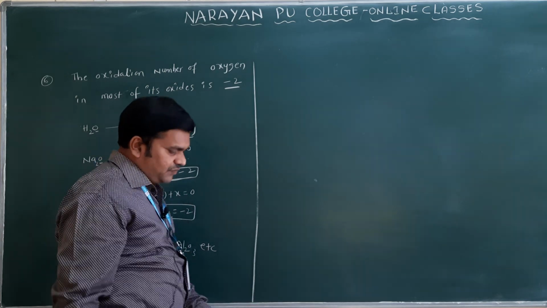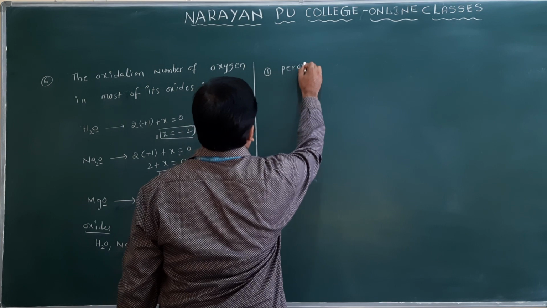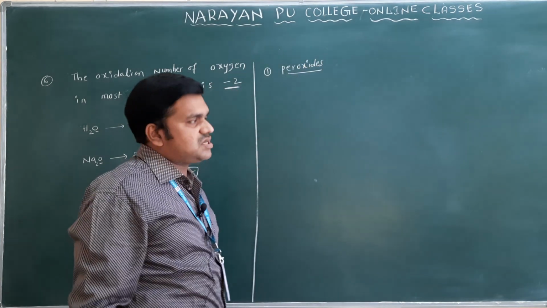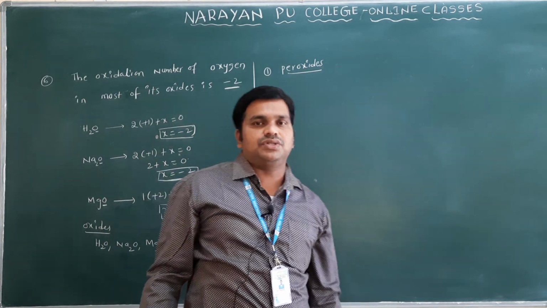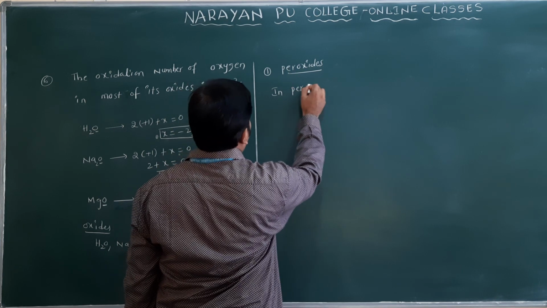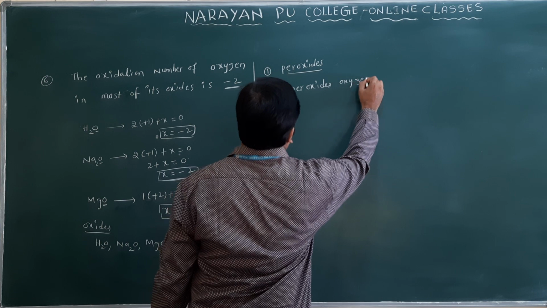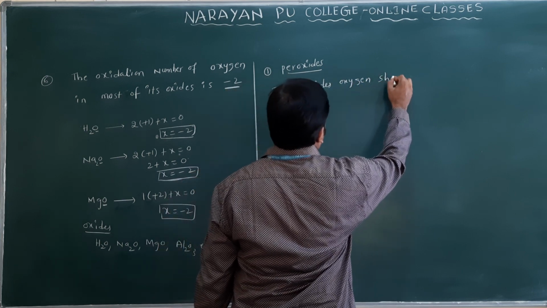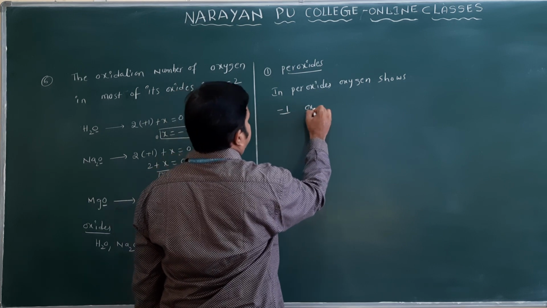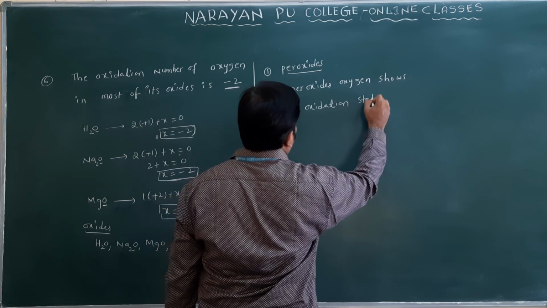The first exception is peroxides. In peroxides, oxygen generally shows a -1 oxidation state, or -1 oxidation number.